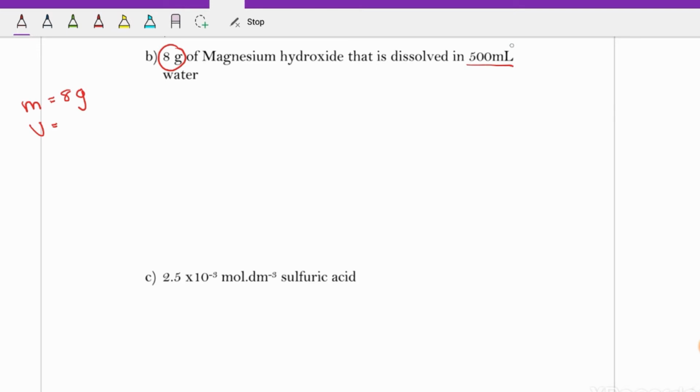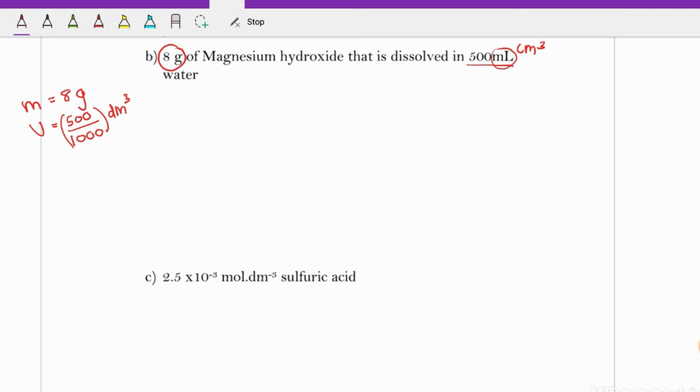Now remember that this volume is recorded in milliliters, okay, or in cubed centimeters. So we're going to have to convert this to cubed decimeters in order for us to do our calculation. So you're going to say 500 divided by 1,000, and that's going to give you the volume in cubed decimeters.